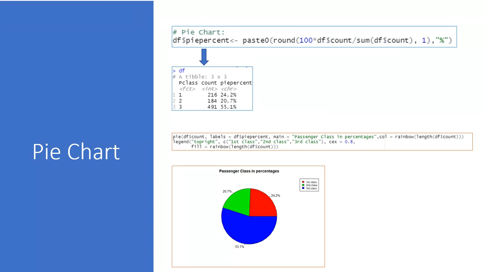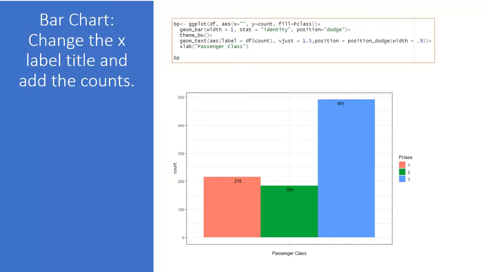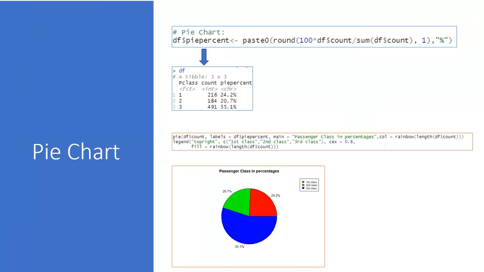Maybe for an ordinal variable, you would use a bar chart because you have a meaningful order. So the x-axis would be the meaningful order from strongly disagree to strongly agree. For a pie chart, maybe it's better to use it when you have a nominal variable, but it depends more on you. Anyway, in a pie chart, it's the percentages that are represented because the whole pie is 100%, really.